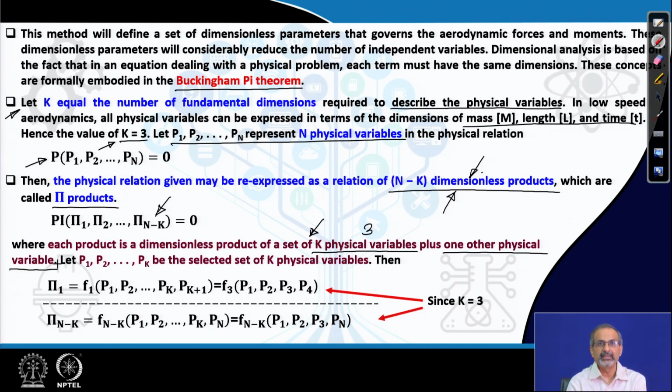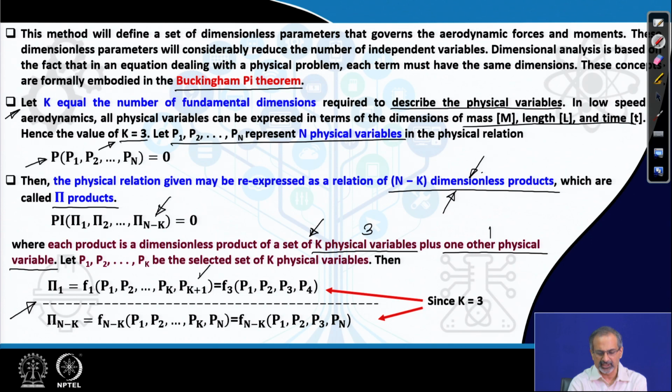That means, each pi product will therefore have 4 physical variables involved. Now, these 3 physical variables that we choose will be fixed for each pi product. Only the one additional physical variable will be changing from one pi product to the other. So, that is how we define the pi products here.